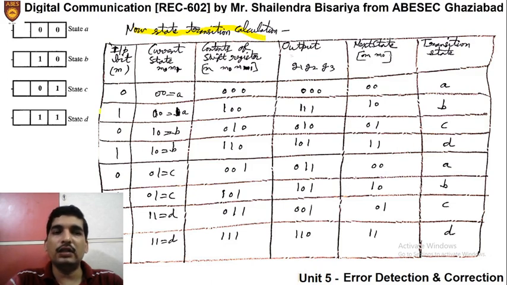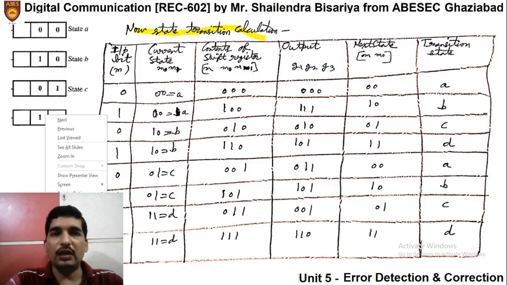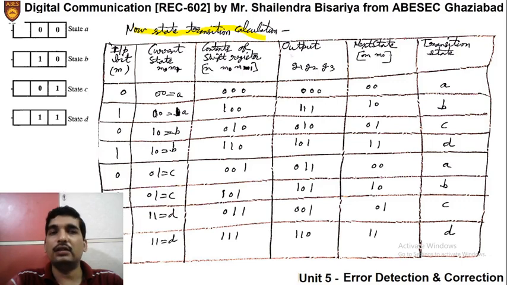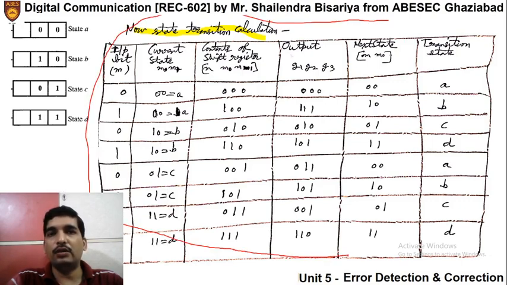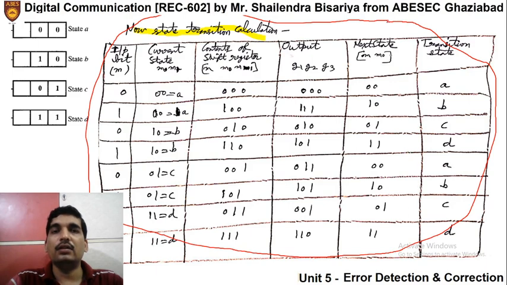Based on this state transition table, we have seen the code tree as well as the trellis diagram. And in the last class, I told you that this state transition table is very important, because based on this state transition table, we are drawing everything. Everything means code tree, trellis, as well as state diagram, right?